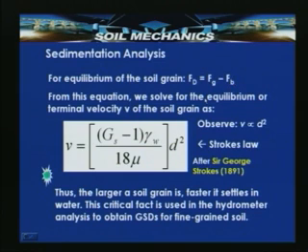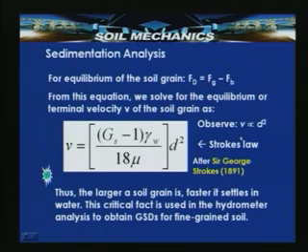From this equation, when we solve for the equilibrium, the terminal velocity of the soil grain is obtained as V is equal to (Gs minus 1) gamma W by 18 mu, into d square. So, V is proportional to d square. This equation is named Stokes law, after Sir George Stokes, 1891.